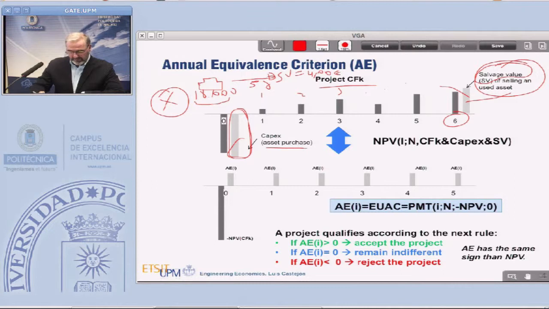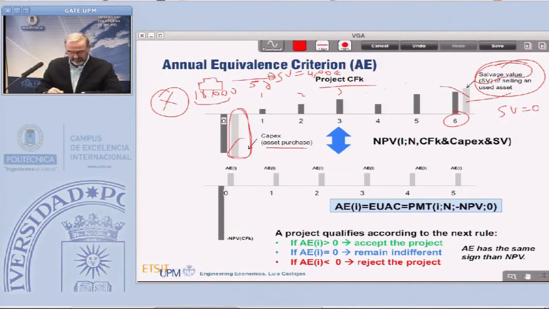So that value in the future that you can sell this asset is the salvage value. Certain times the salvage value is equal to 0. When?